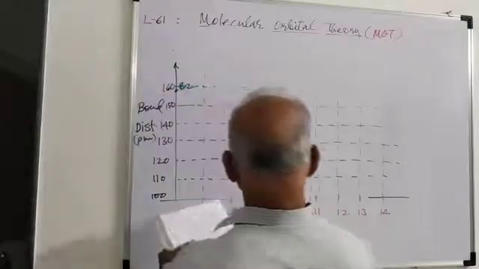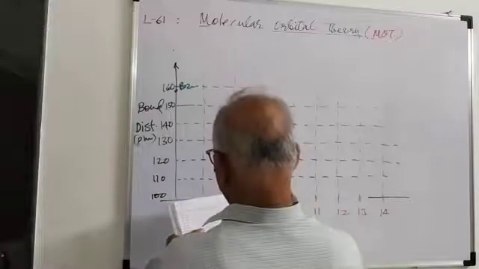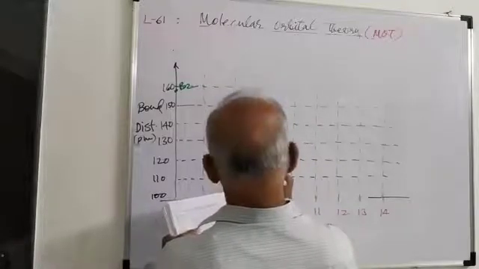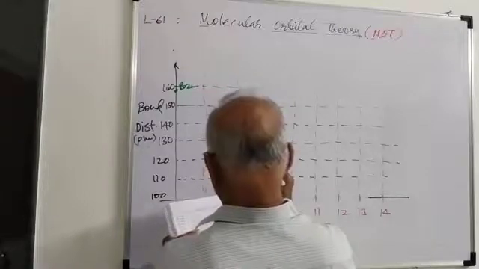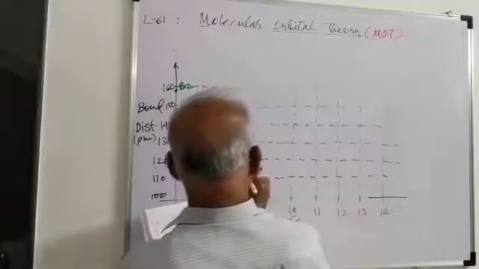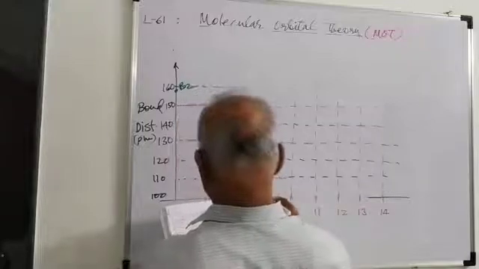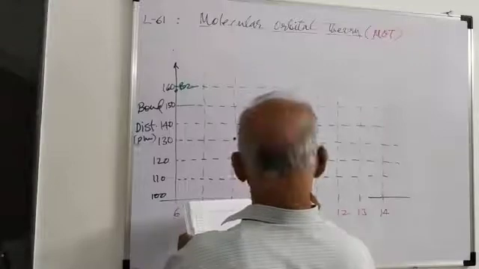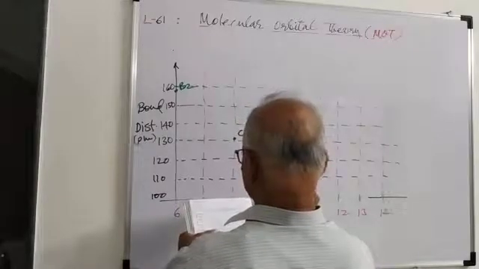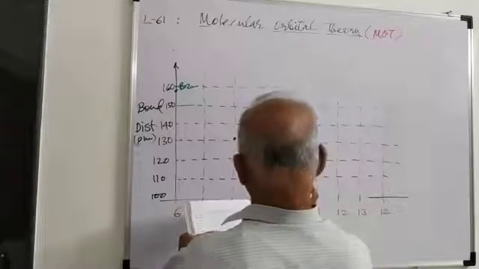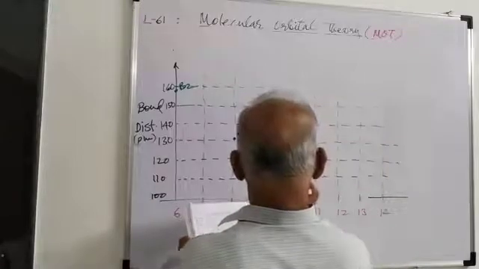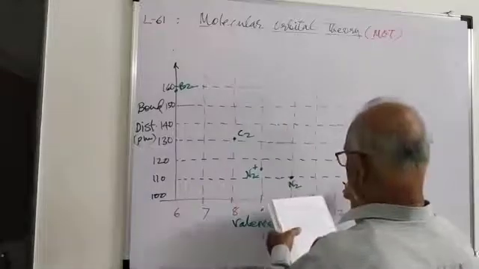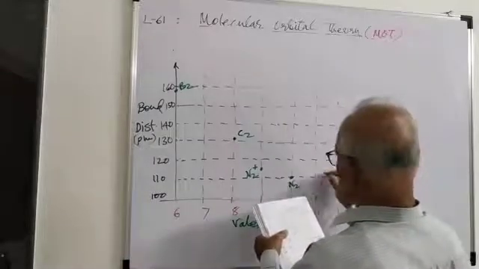Then with 9 electrons, that's N2 plus. This is N2 plus. Then with 10 electrons, there is this 110 value for N2. Then O2 plus has 11 electrons.